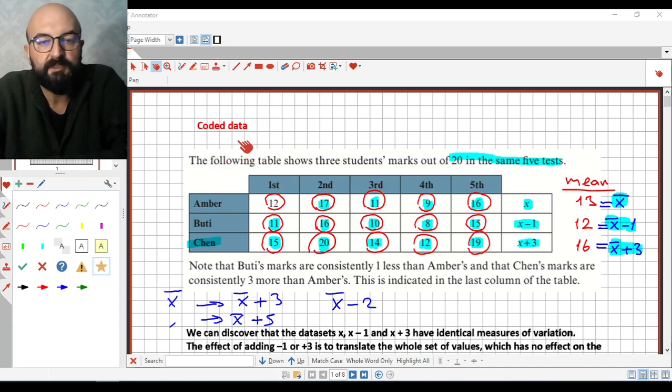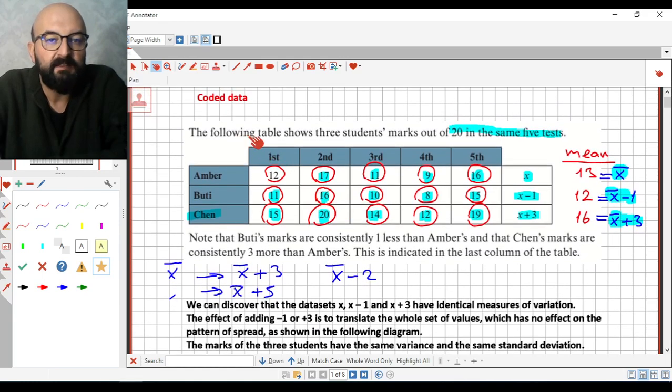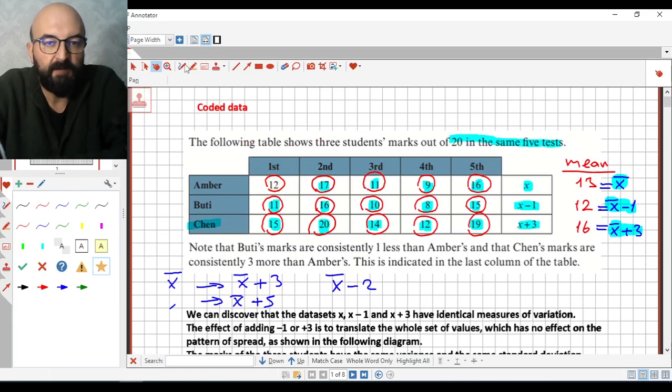As you remember, we had learned coded data. In the first table, we have three students' marks: Amber's marks are here, Booty's marks here, and Chan's marks here.